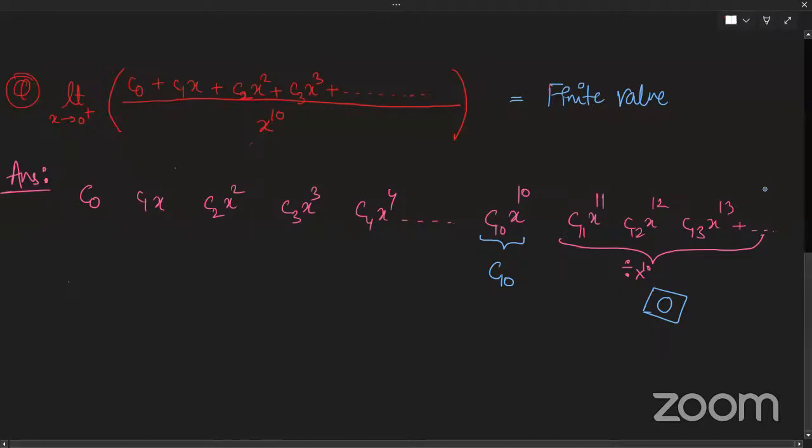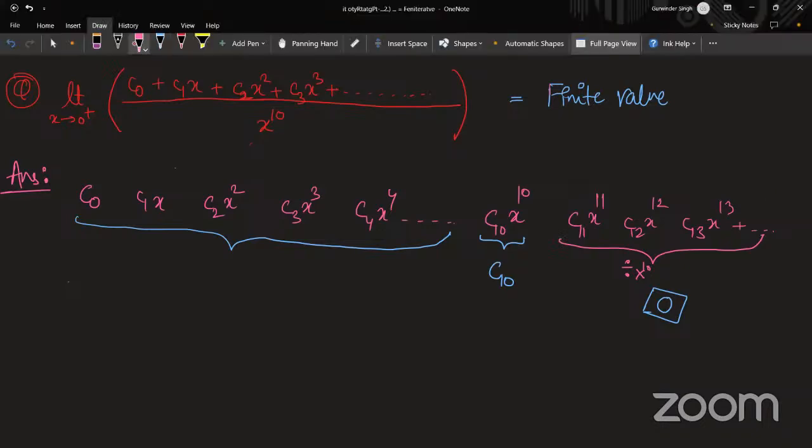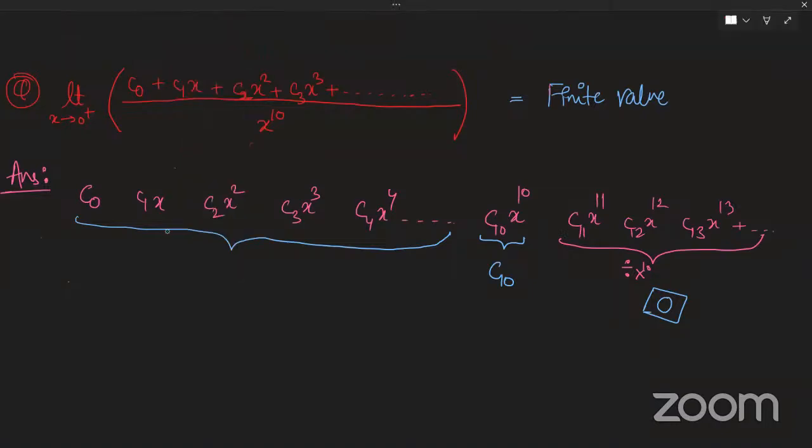See, C0, C1, C2, C3, all of these are real constants. Now let us discuss what will happen to the other terms. Over here, your powers are lesser than 10, right? So what will happen in this case? Where will they go? Infinity.